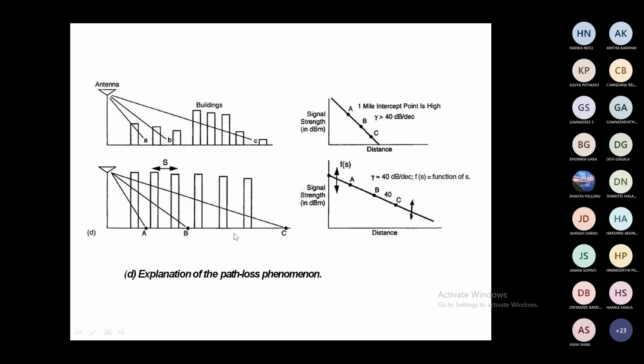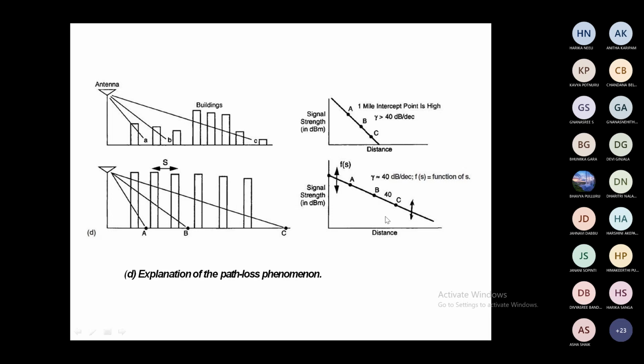See this one. Within the nearest distance of the base station, the height of the buildings is small compared to the outskirts. Here also we are calculating A, B, C. See, the signal strength suddenly changes. Similarly, we calculate for A, B and C when all the buildings are the same height. See the curve.